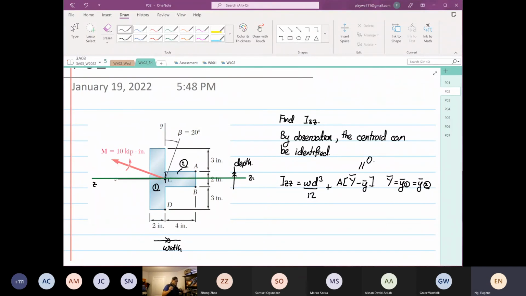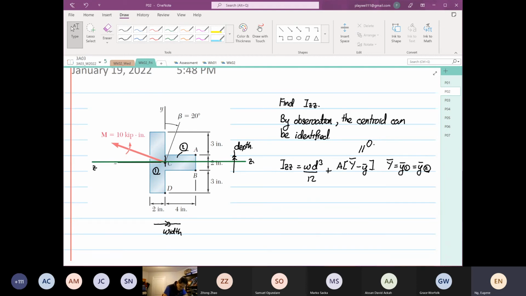I see some students still do the same thing, like follow the table like what I've done before. It's a waste of time. So by observation, when you know, skip that step, immediately do IZZ is equal to IZZ1 plus IZZ2.